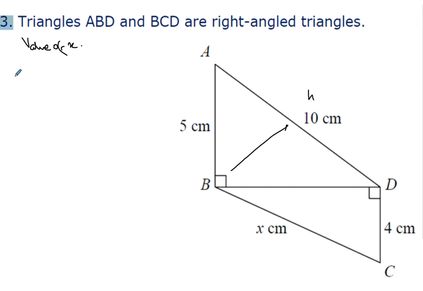So BD equals the square root of 10 squared, the longer side, minus 5 squared. Once you put that on your calculator, you'll get 8.66.